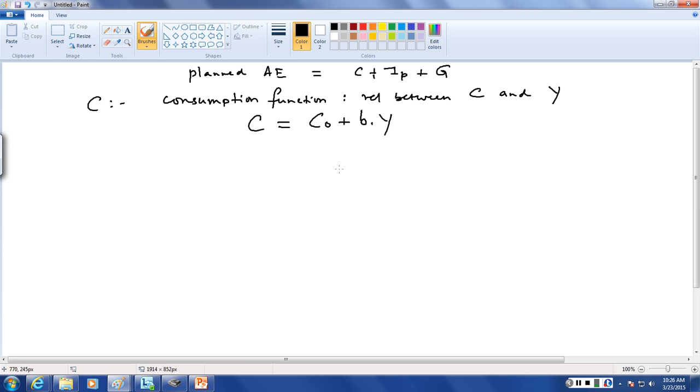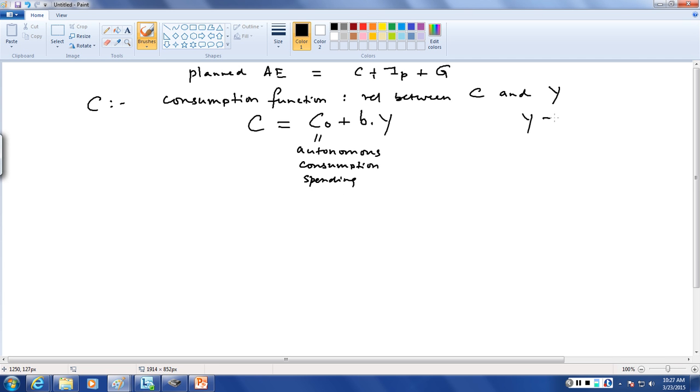Now, let me quickly remind you what this is. I've mentioned this before, by the way. What is C sub 0 called? Autonomous consumption spending. This is the part of consumption spending that is autonomous, meaning independent of household income. Household income being Y, of course, right?